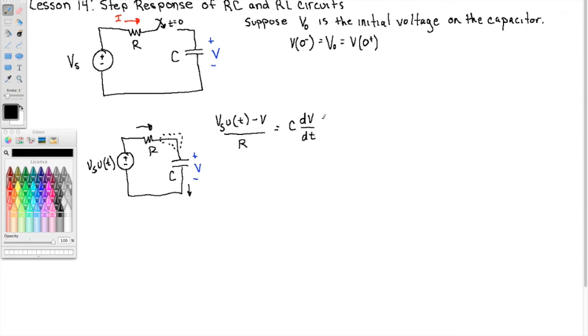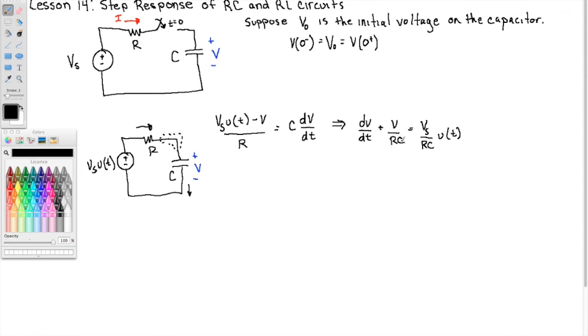If I rearrange that a little bit, I get dV/dt plus V over RC equals Vs over RC times u of t. You see that R times C product is coming up.